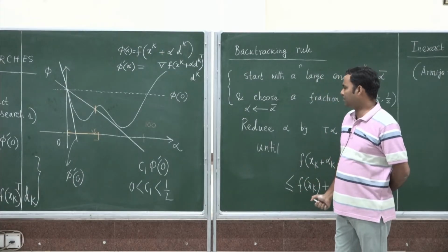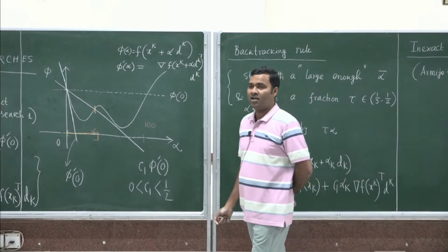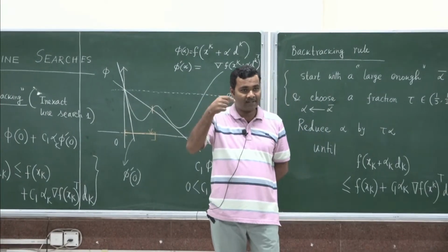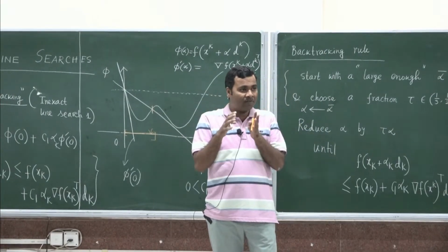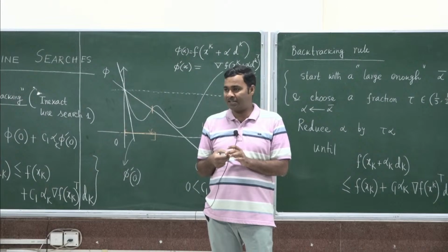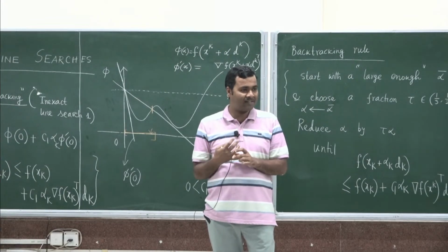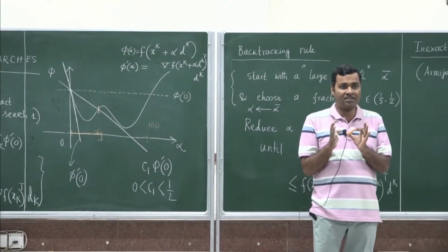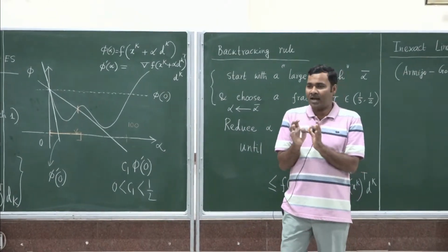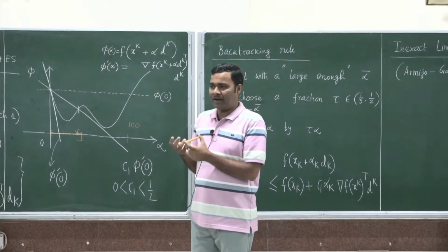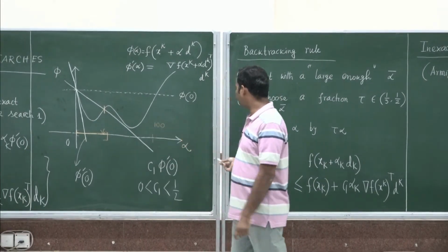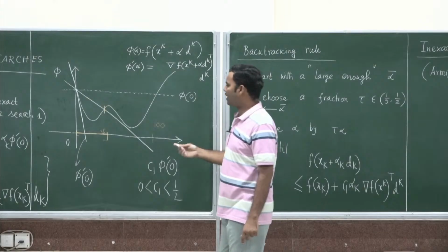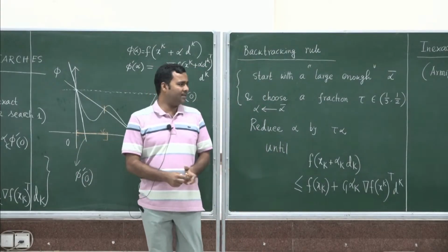But our major aim was not to figure out alpha k with the help of some iteration, and that is how the inexact line search method is. The inexact line search method was trying to figure out some inequalities. Just by satisfying them, I will choose the value of alpha k. However, here you notice that in order to ensure alpha k is not very small, this backtracking is essential.